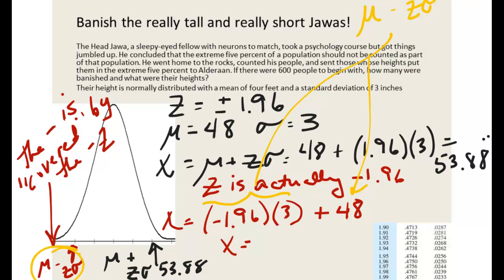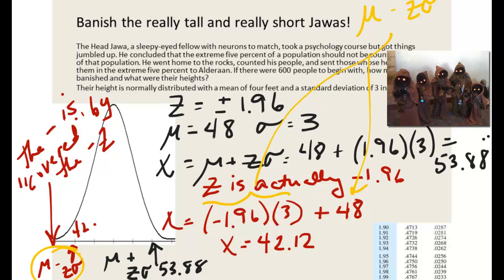Alright, so our second x is going to be equal to 42.12. So the super shorty Jawas, the ones that get banished along with the super tall Jawas, are going to be 42.12 inches or shorter.